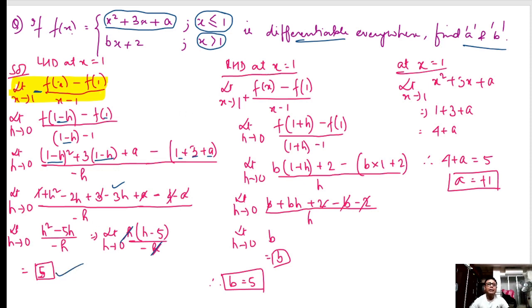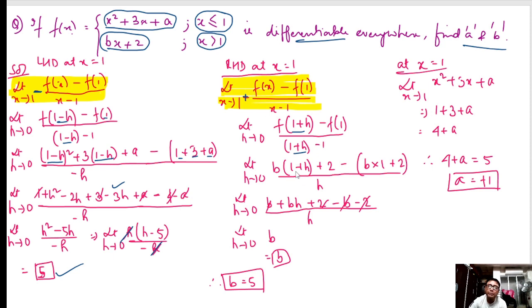So the right hand derivative at x equal to 1, that means I will write limit x tends to 1 plus, and in place of x I will put 1 plus h. Which function? This function, bx plus 2.